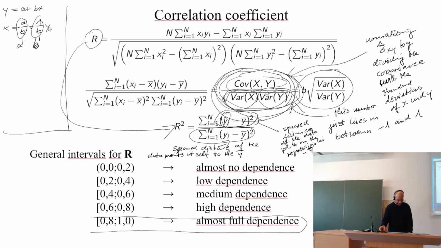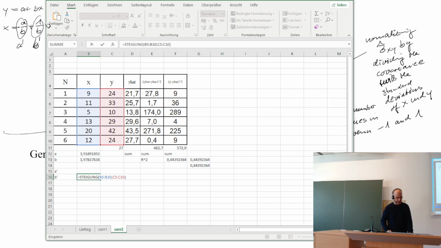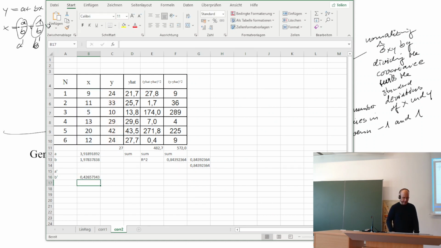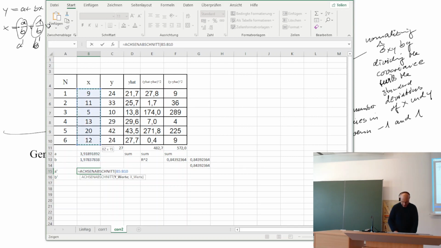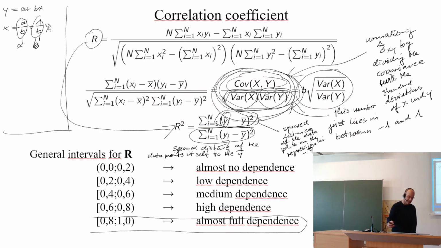And what one should also know is that calculating these numbers, also interchanging x and y, I could think that now b prime is just the inverse of b.